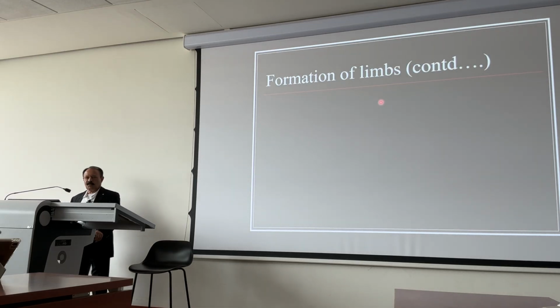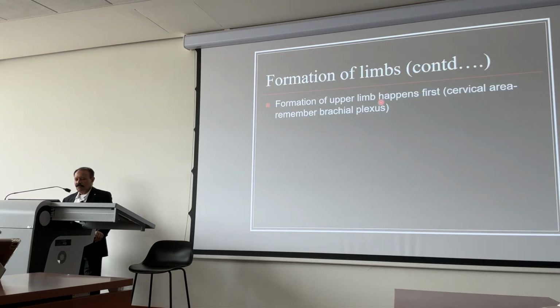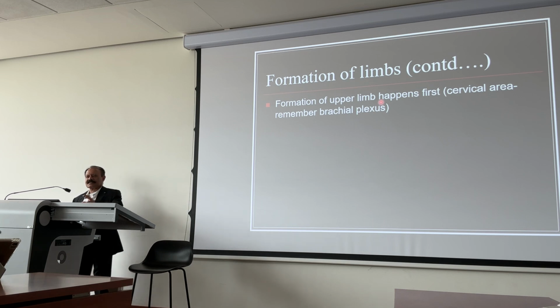Now let's read it one more time, okay? Formation of the upper limb happens first, in the cervical area. Remember the brachial plexus. Usually I used to have my first lecture in the second week. This is the second week, but it is really the first week for you. You had only one day last week.